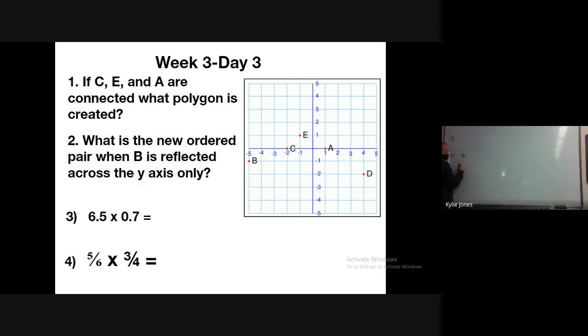Oh, wait, are we supposed to simplify on it too? Yeah, you can, because it's number 3.